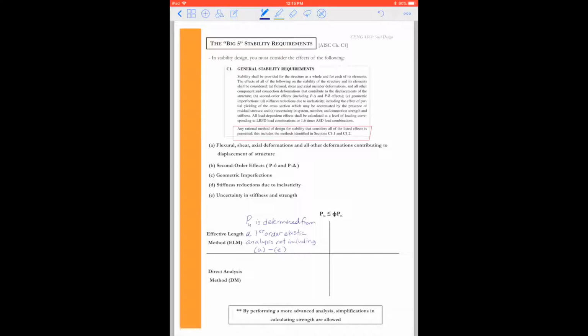What does that mean? Well, that means when we go to the other side of the design equation in P sub n, we better include this somehow.